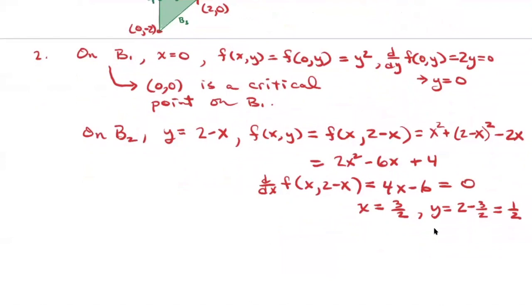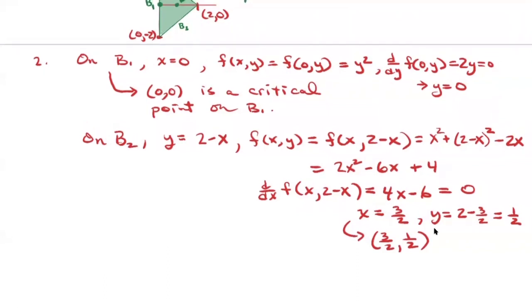Okay, so that means you've got the point 3 halves, 1 half, like that. Isn't this horrible? 3 halves, 1 half. That would be right on the boundary.